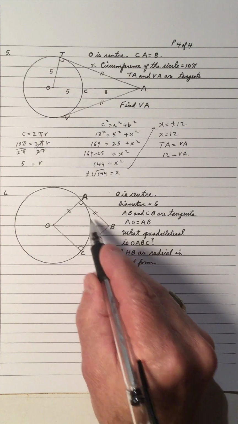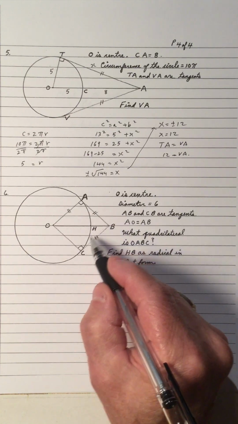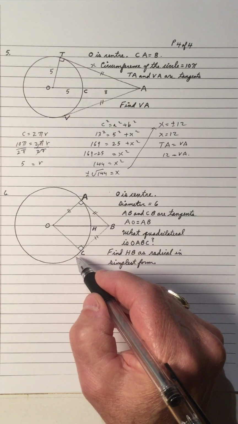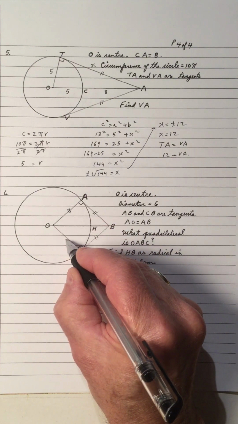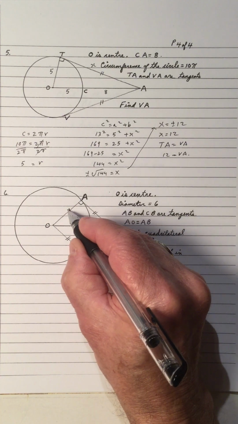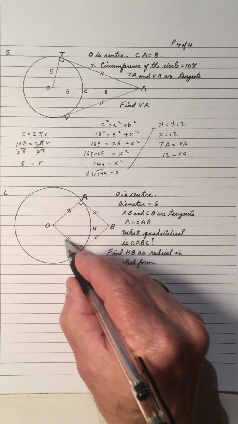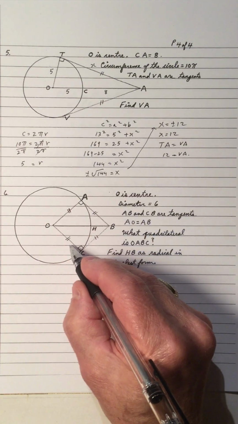These triangles, AOB and COB, are congruent. Why? Because OC is equal to OA. OC and OA are equal because they're radii.